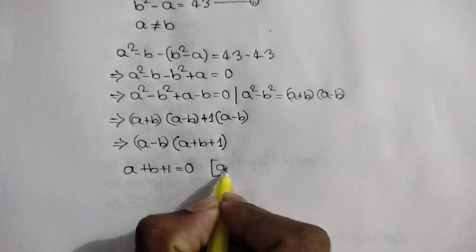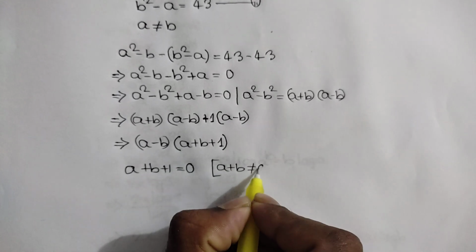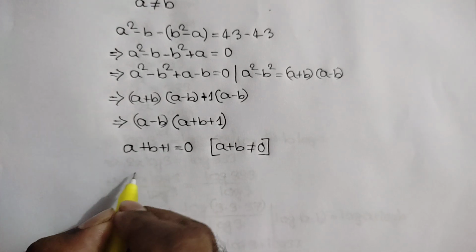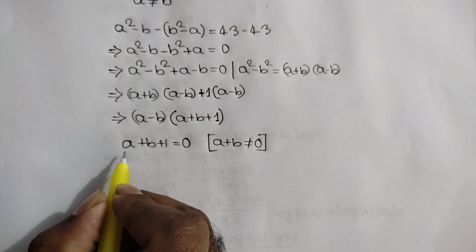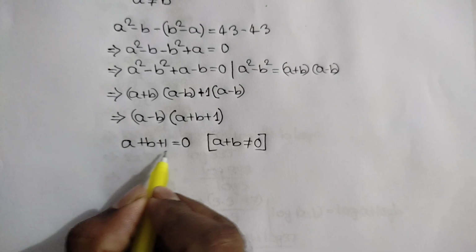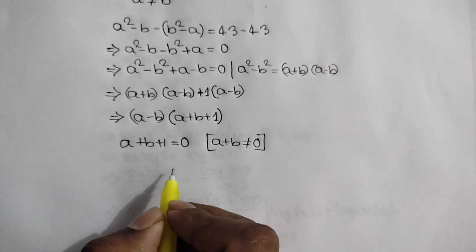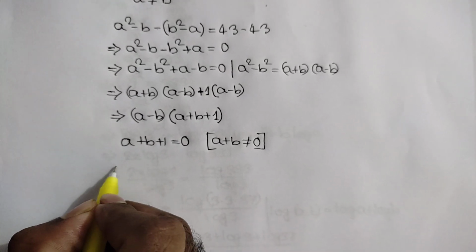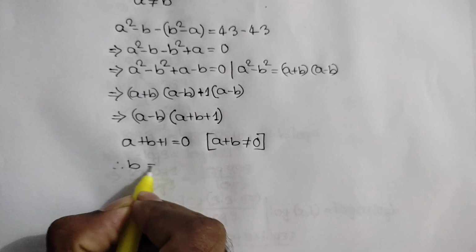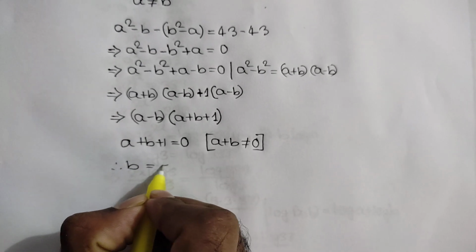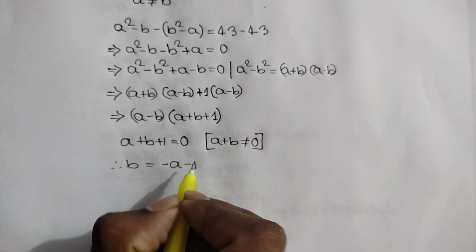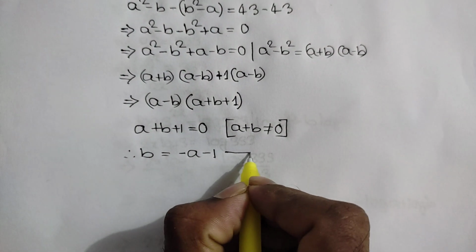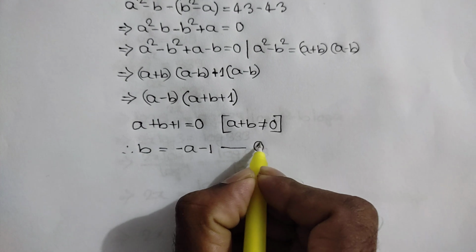Here a plus b not equal to 0. Now taking this a and 1 to the right side, we will have the value of b is minus a minus 1. It is called equation number 3.